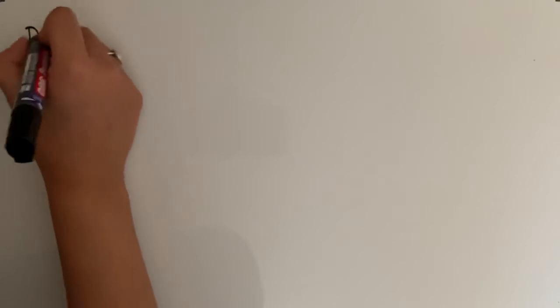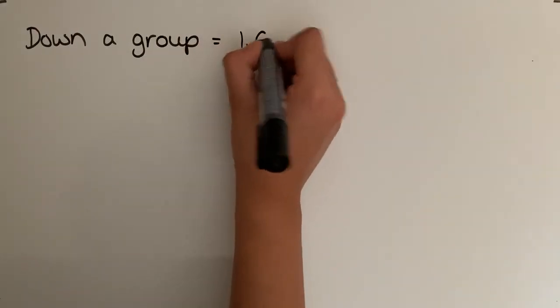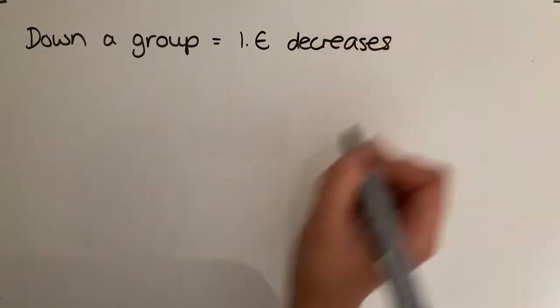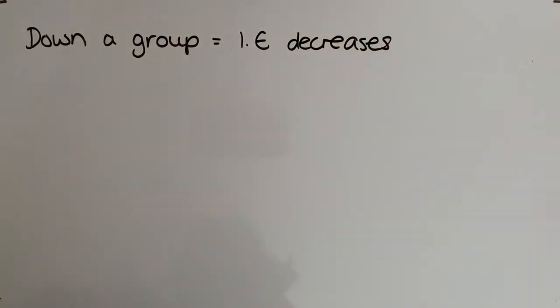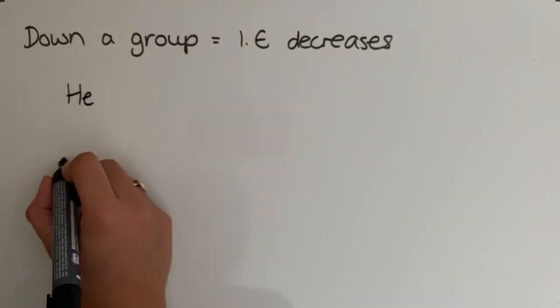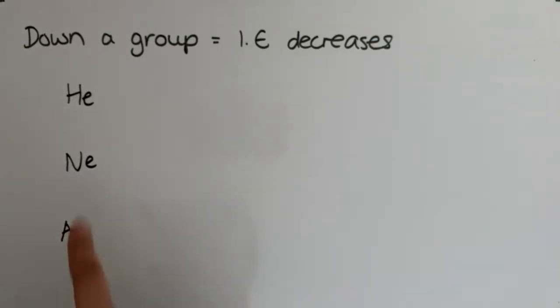If we go down a group, the ionization energy decreases. In an exam, you could be asked to explain why the ionization energy decreases when you go down a group. If we go with the noble gases, we've got helium, neon, and argon.